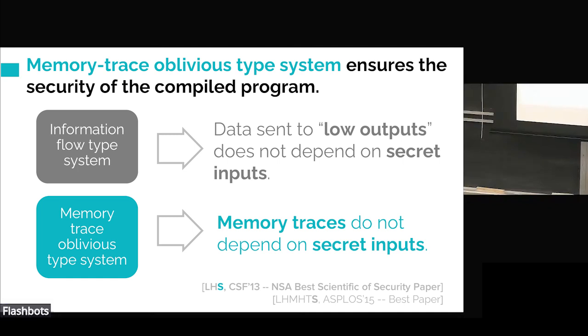Let's say if you are going to send some data to a public network channel, it had better be public data and not secret data. And then a memory trace oblivious type system extends the standard information flow type system. It also captures memory traces in the type system, so it makes sure that the memory traces do not depend on secret inputs. Even though I don't have time to go into details of this, I want you to keep in mind this is another great benefit of having such a compiler. It can defend against accidental programmer mistakes.